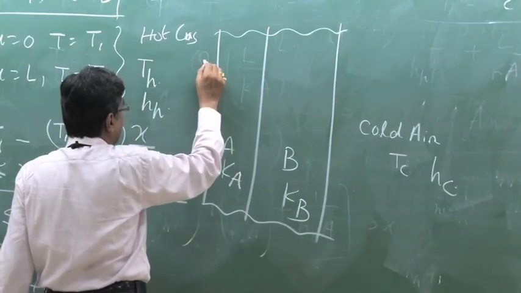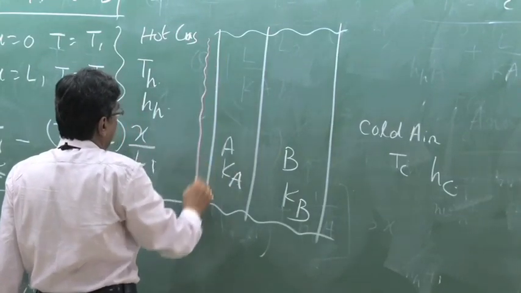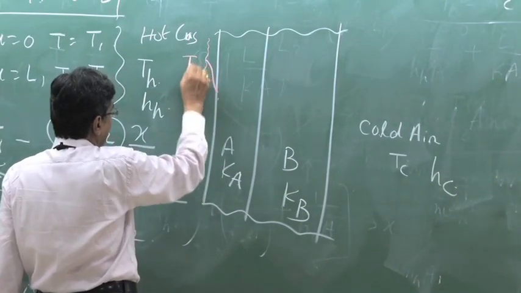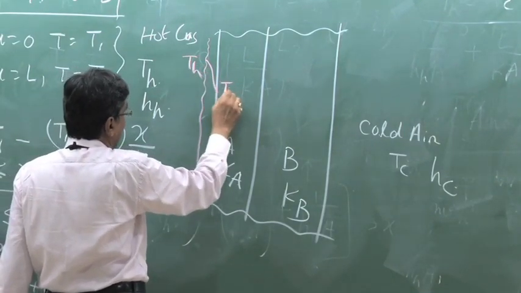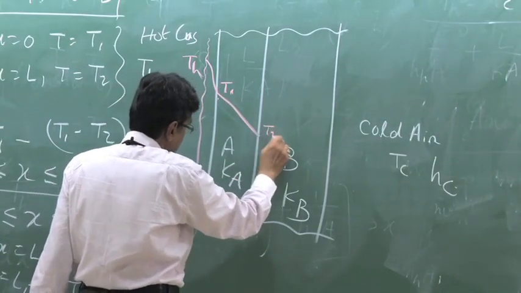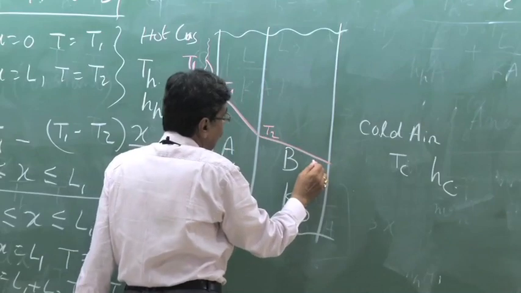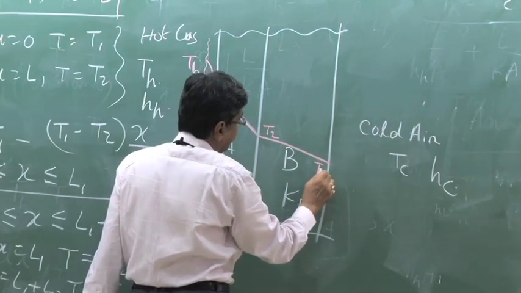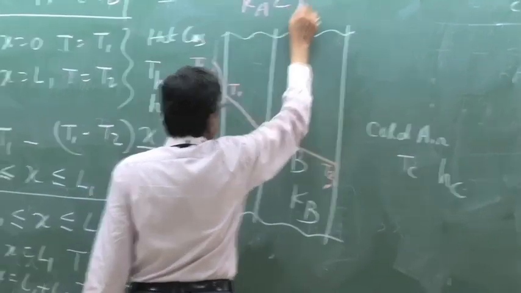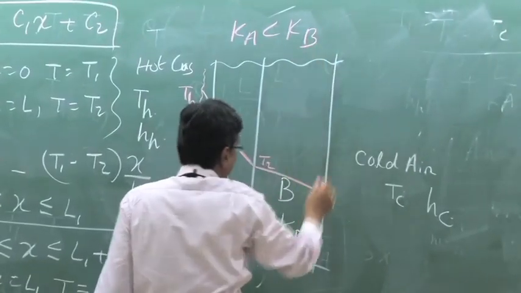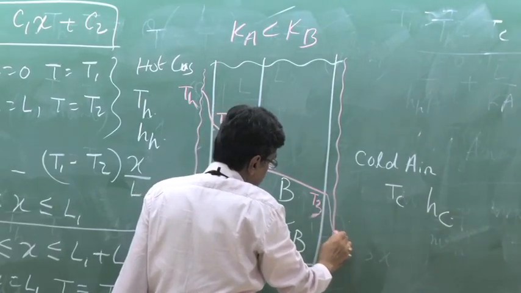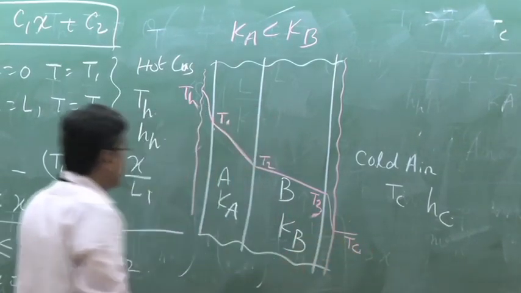From a value of Th, there is a thin film here. From Th it goes to T1, then there will be a steep change to T2, then there will be a relatively flat change to T3, because Ka is less than Kb, and then in a thin film it goes to Tc.